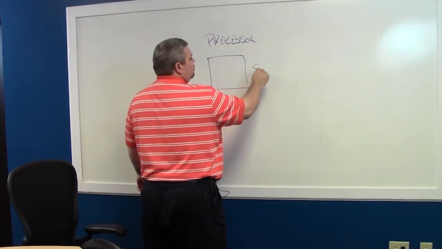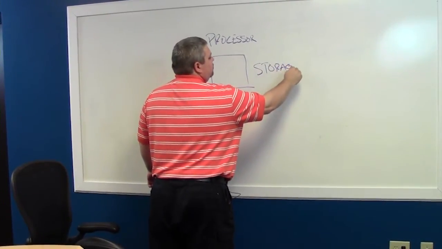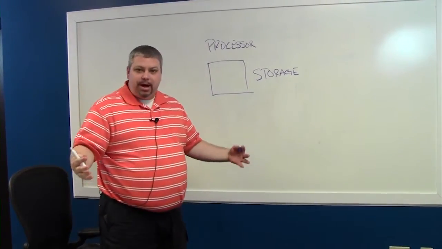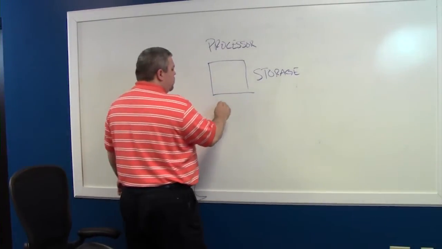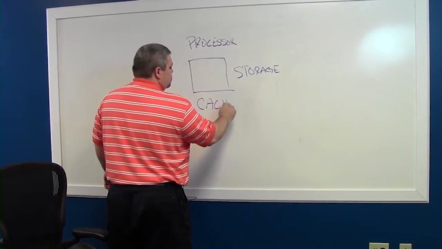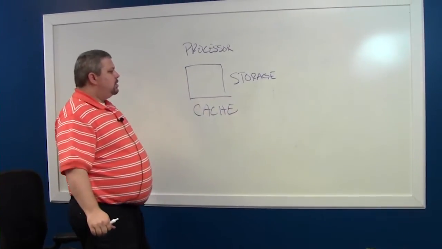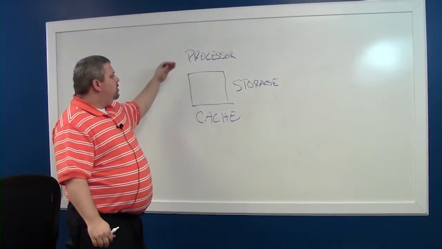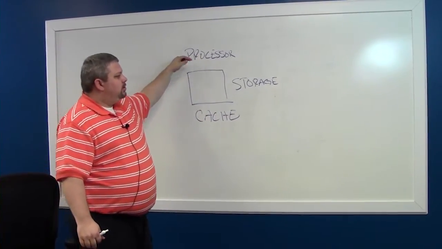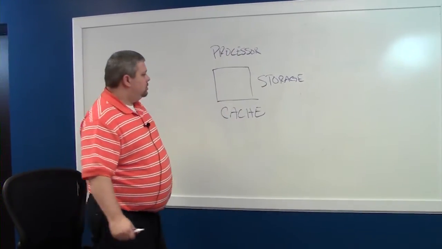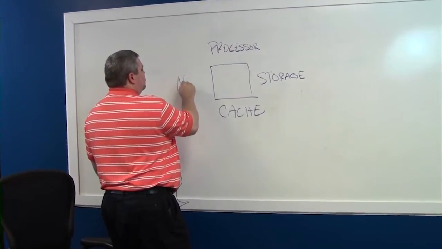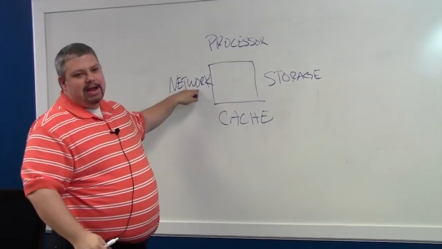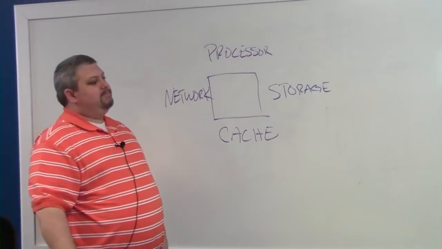One is going to be the actual storage itself, of course, which is what most people talk about in terms of gigabytes, terabytes, etc. Another one is going to be your cache. And cache is what's used as a temporary holding place for commands that come into the processor but can't yet be written to storage. And then lastly is your network, which is how you get the data to and from the pieces that are requesting it.